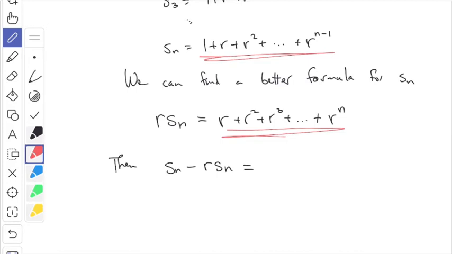Most of the terms of Sn are the same as terms of r times Sn, right? They're all going to cancel when you subtract them, except there will be a few things left over. Can anybody say what's left over when I subtract there? Most of it cancels, but not quite everything.